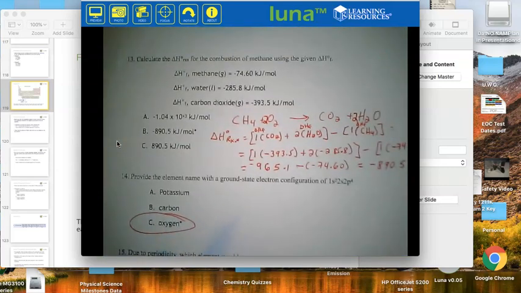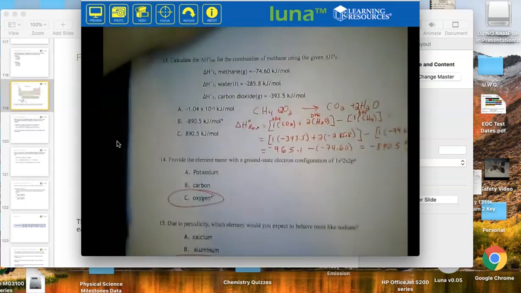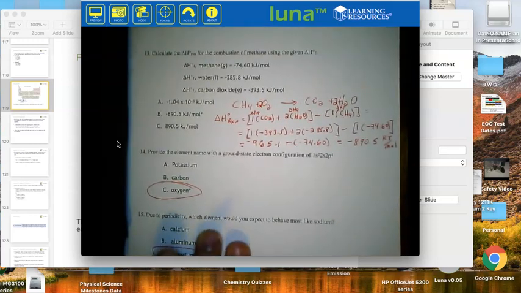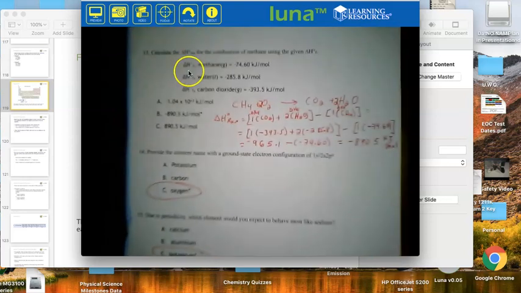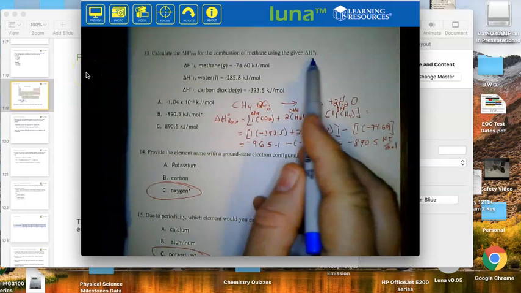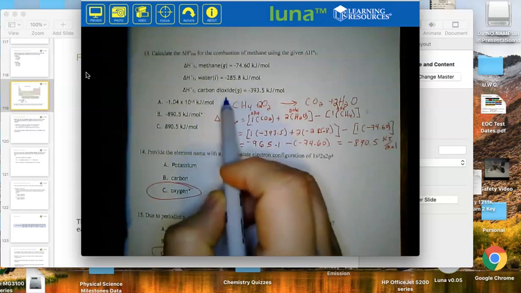Question number 13 here. We did one like this in class. We're wanting to calculate the enthalpy of the reaction for the combustion of methane, using the given standard enthalpy of formation. Here we have three compounds, methane, water, and carbon dioxide.